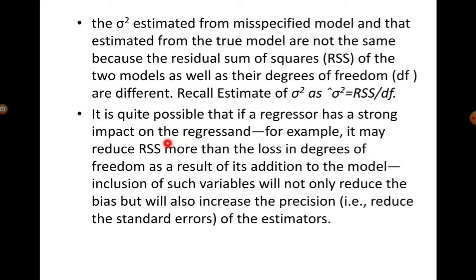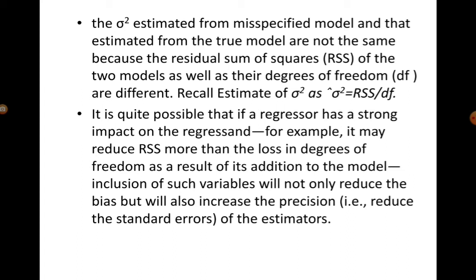And this benefit of reducing the residual sum of squares will far outweigh the loss in the degrees of freedom. Remember, if you add one more explanatory variable to the model, you are losing one more degree of freedom, because when you add x3 to the model, you have to estimate another coefficient beta 3, and that means you're losing one more degree of freedom.